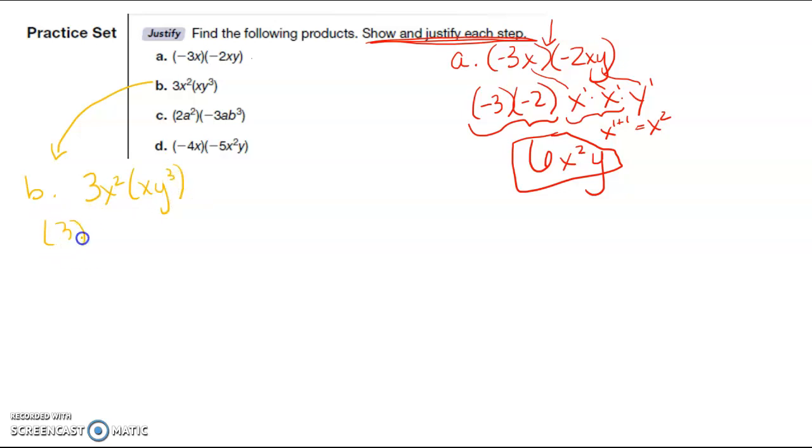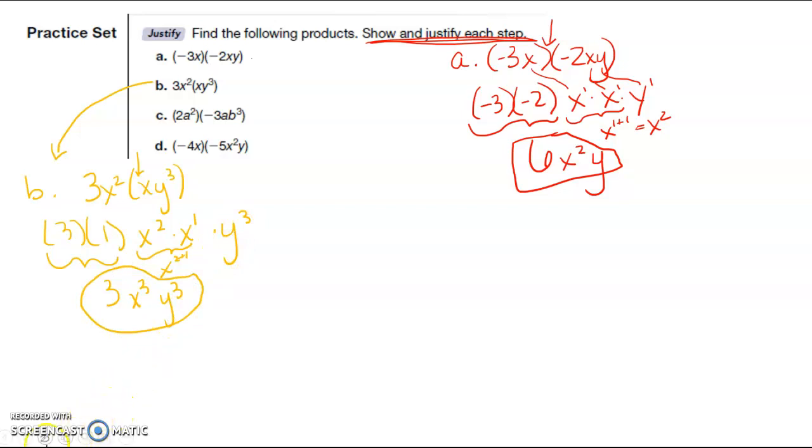So here, I'm multiplying 3 times 1 because there's an invisible 1 in front of each of these, right? And then I have x squared times x to the 1 times y to the 3. So 3 times 1 is 3, and then I'm going to add my exponents here. x to the 2 plus 1 is x cubed, y cubed, and that's my answer.